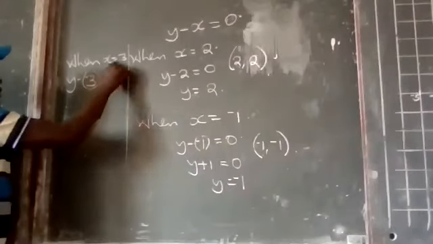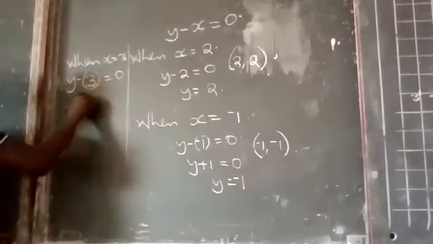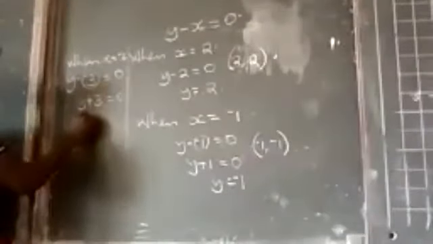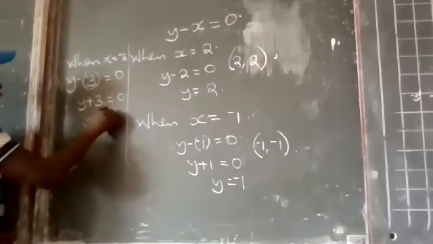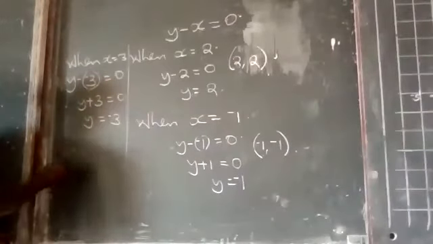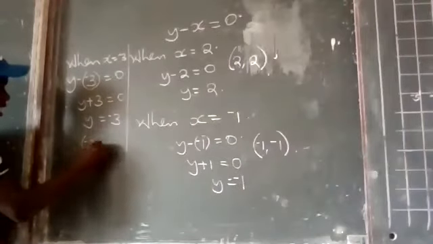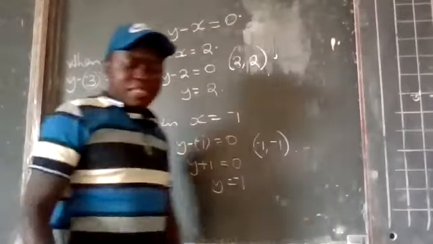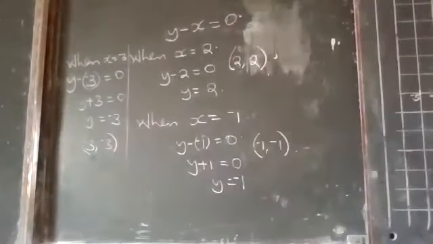This is equal to 0. I'll have y plus 3 equal to 0, and then y is equal to negative 3. So the third point is negative 3, negative 3. I have got 3 points on the line, points of my choice.